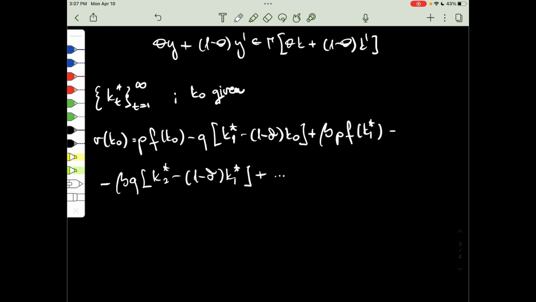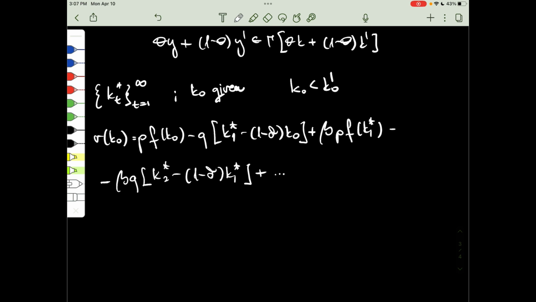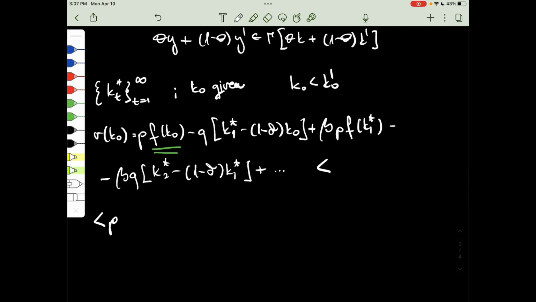And if we have another initial capital stock which is higher than K0, and by using the fact that F is strictly increasing, we can say that this inequality holds.